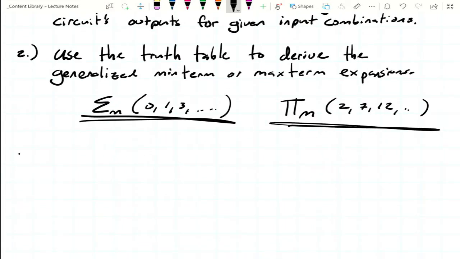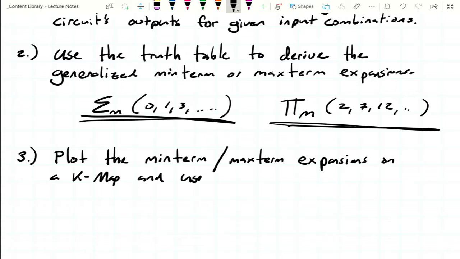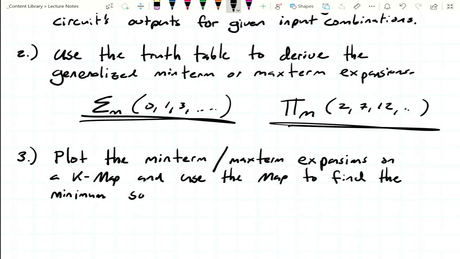Step 3 is plot the min-term, max-term expansions on a K-map and use the map to find the minimum sum of products or product of sums Boolean expressions.